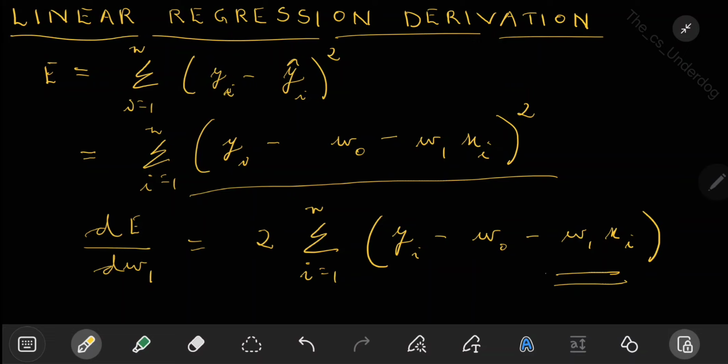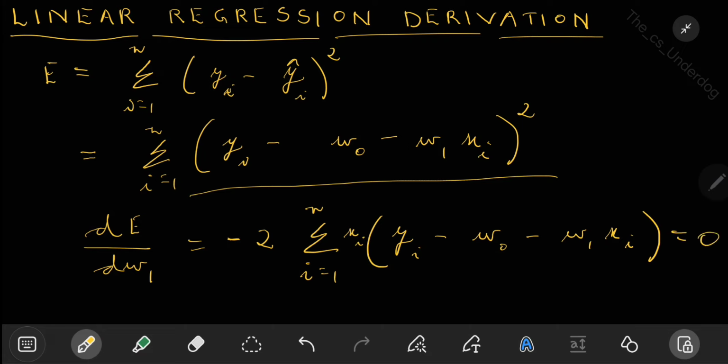If you take the derivative of this term, you will get minus xi. So I'm putting that minus here, minus xi, okay? Xi I'll add here. So now this term has become minus 2 into sigma i equal to 1 to n, xi into (yi minus w0 minus w1 xi). This is what you have to equate to 0.